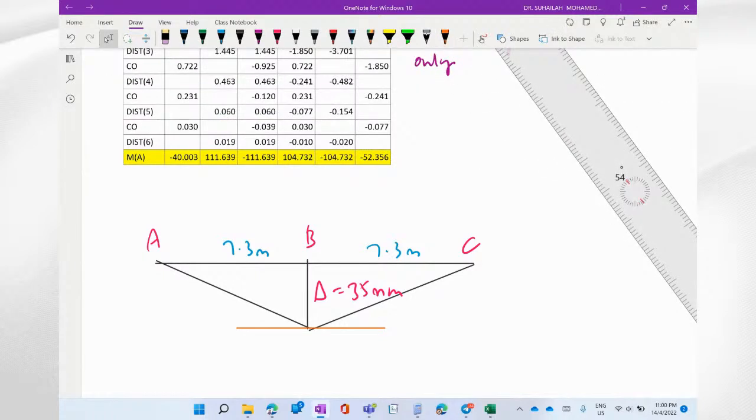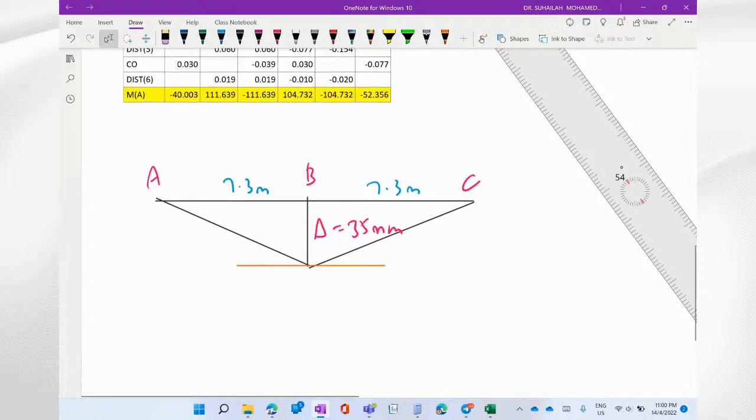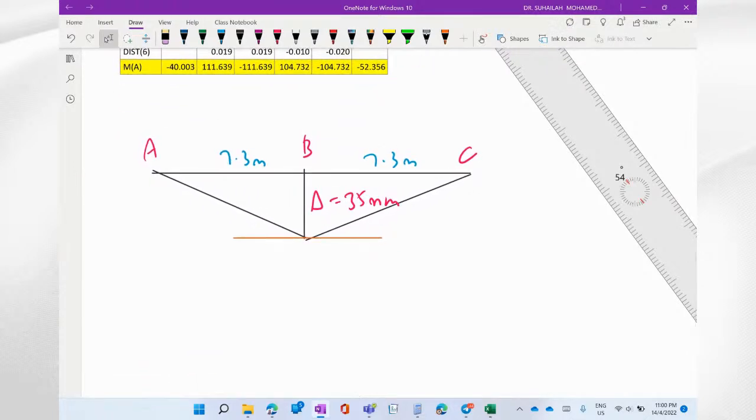So why do I put this? Because the easiest way to identify the sign of FEM due to support settlement is by determining the angle from the original beam position.